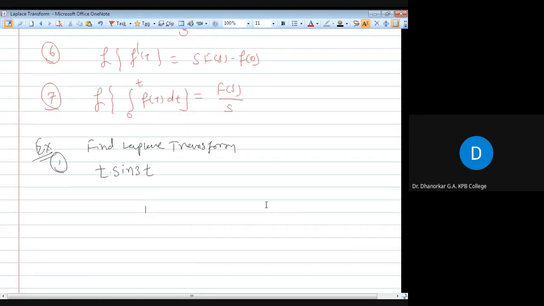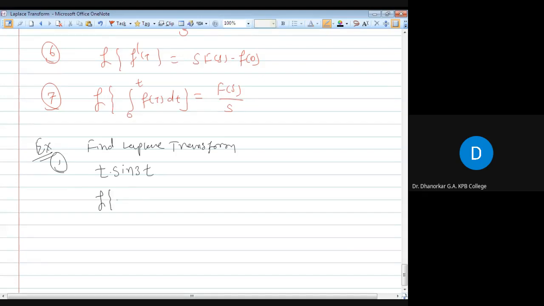Here we know this property. It is t into f of t.